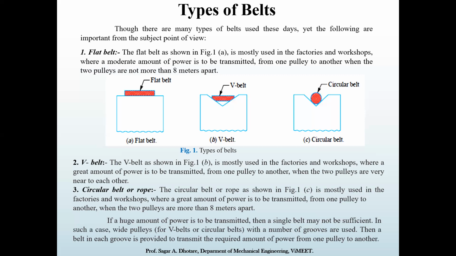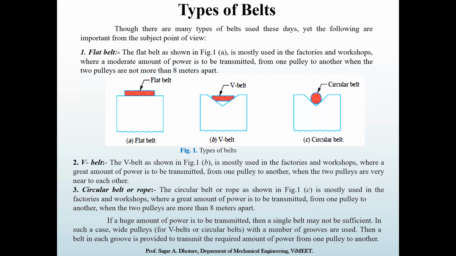If you look at the flat belt drive, there are no grooves, but in V belt and circular belt there are grooves. So if you increase the grooves, the number of belts increases so that the power loss can be reduced.